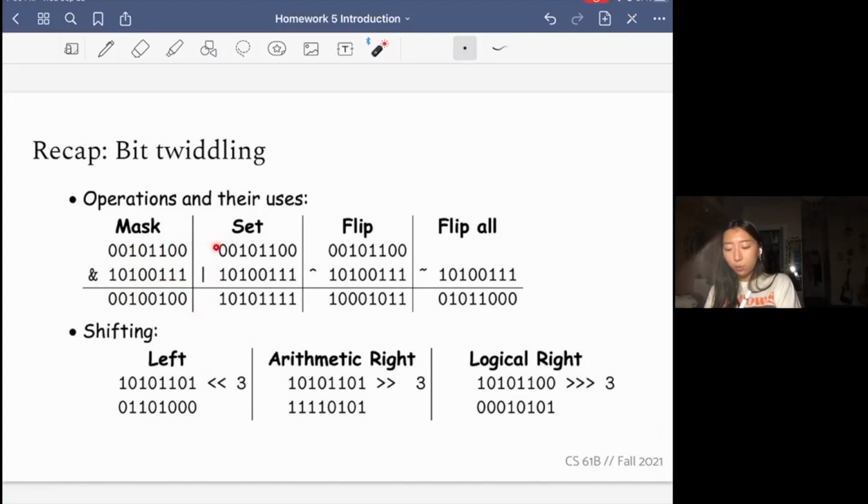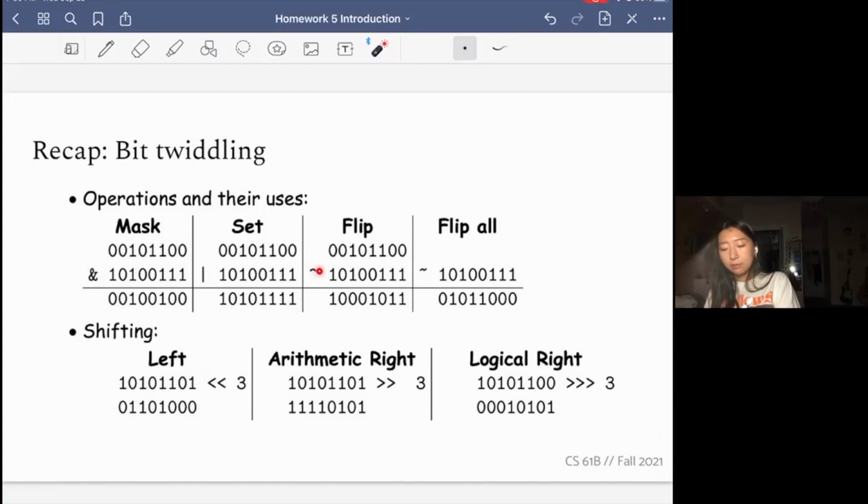It's saying if at least one of them is 1, I will be 1. And so in this case, the bottom number is 1, so this is a 1. In this case, they're both 0, so it's a 0. And in this case, since both are 1, it's a 1, right? So set is saying as long as one of them is true, it's true. It's similar to the Boolean or.